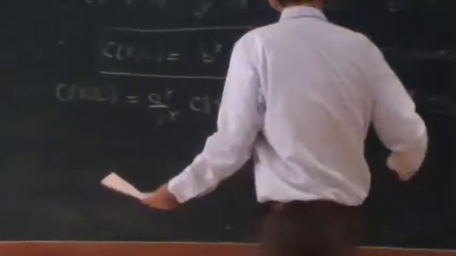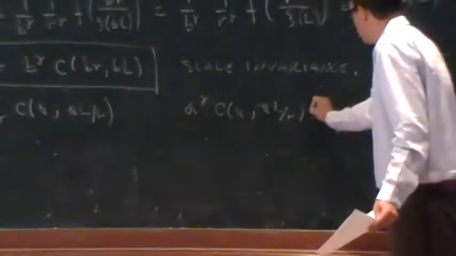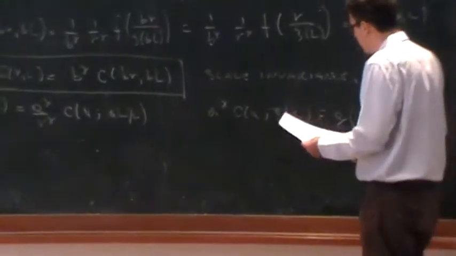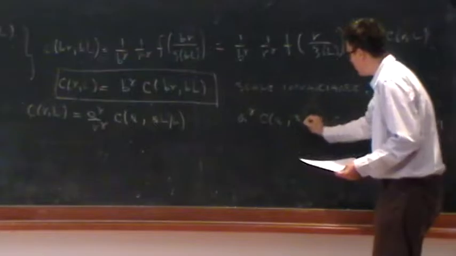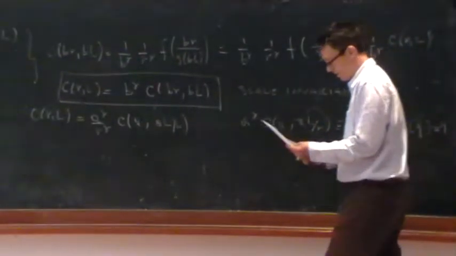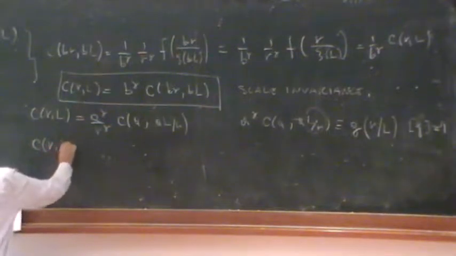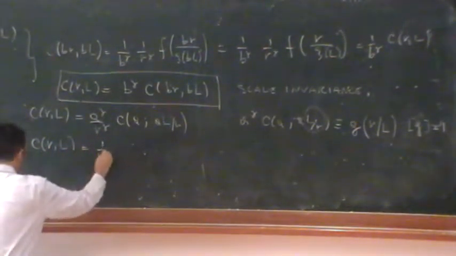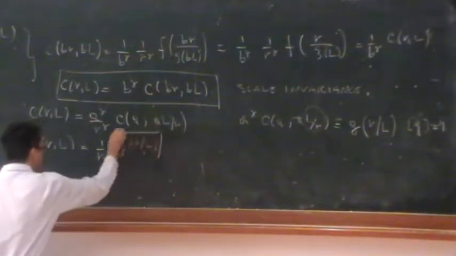And I'm multiplying by a constant, which is a length to the gamma. So this is just a dimensionless function, and I can call it G of R over L. Okay? Because this is an irrelevant constant, and the only important dependence is here, G of R over L. So what I get is that C of R L is 1 over R to the gamma, G of R over L.